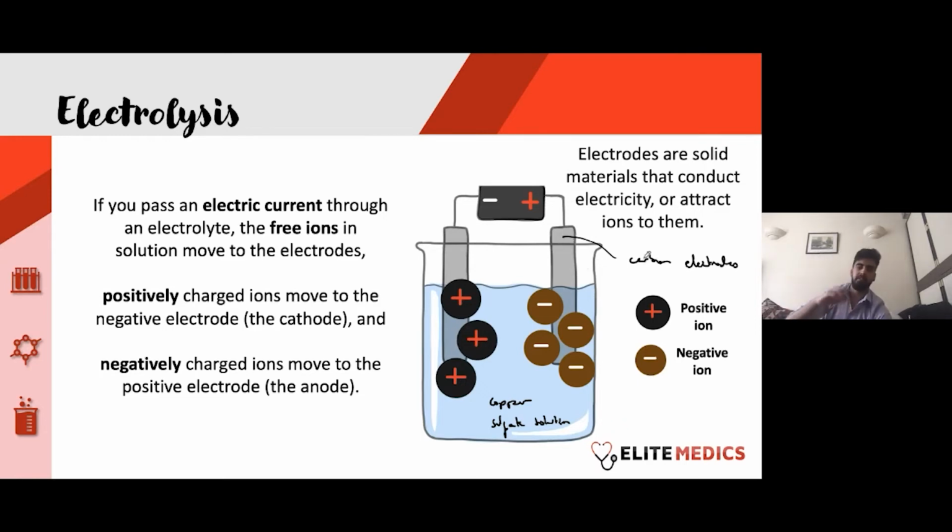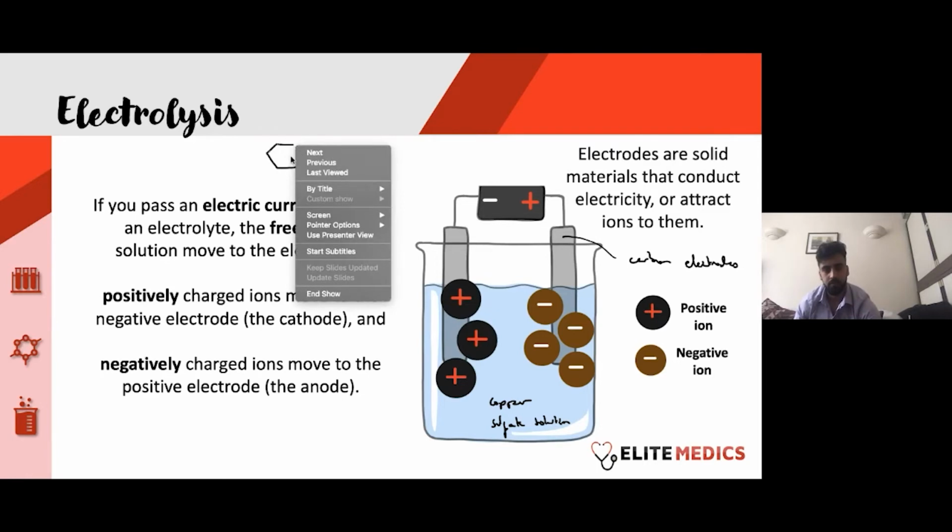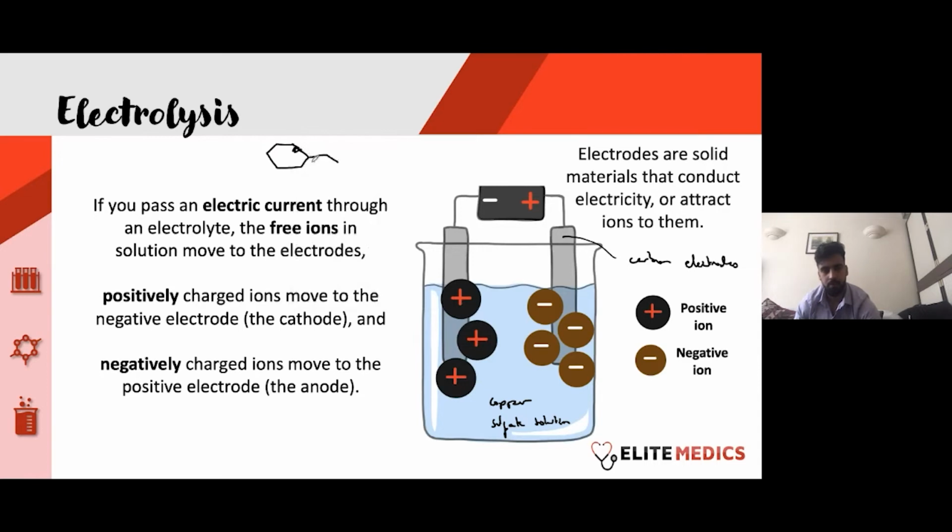If you cast your mind back to structure and bonding, if you look at what graphite actually looks like, it's these hexagonal rings that are kind of joined up. Okay, you get the idea. And each carbon is joined to three other carbons, meaning that there's one electron delocalized for every carbon. And it's those delocalized electrons that are free to move around and conduct electricity.